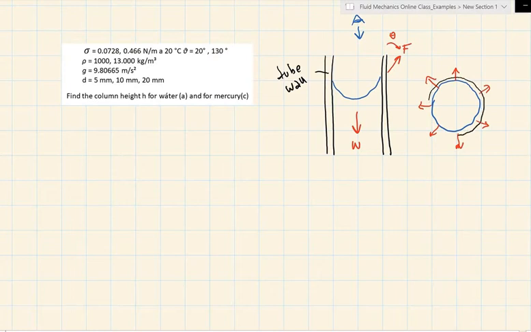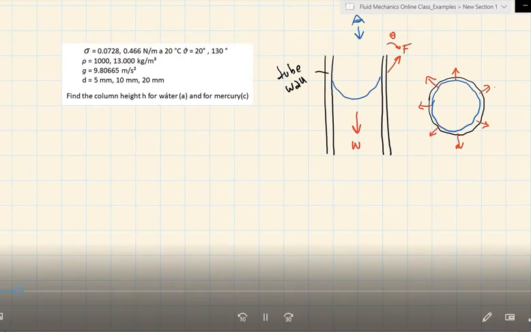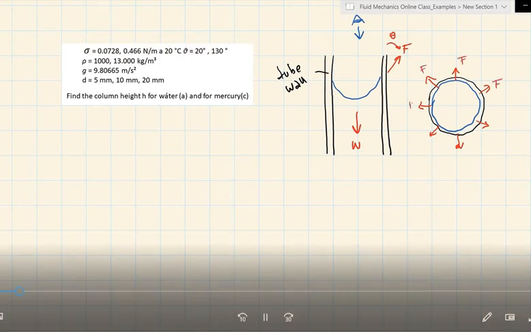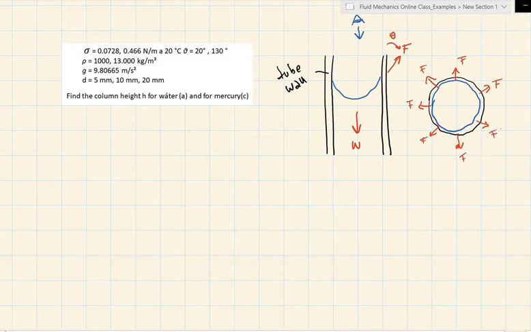I'm drawing the wall so you can see that this is actually the capillary tube, and I put an F on all the forces that I've been drawing here.